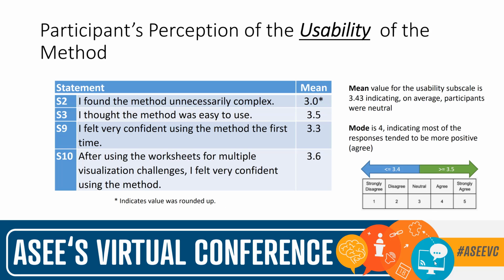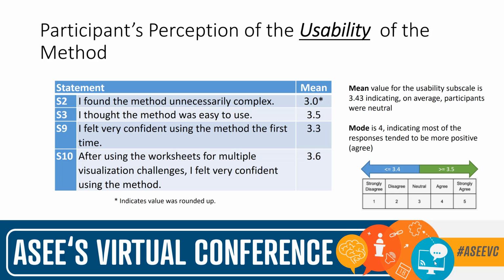Participants' perception of the usability of the method was captured in statements 2, 3, 9, and 10 on the post-worksheet survey. Mean values for statements 2, 3, 9, and 10 ranged from 3.0 for statement 2 to 3.6 for statement 10, indicating, on average, students' responses were neutral, according to the Likert scale.